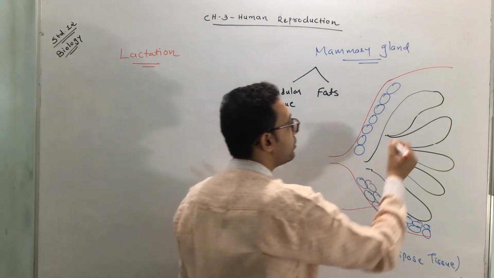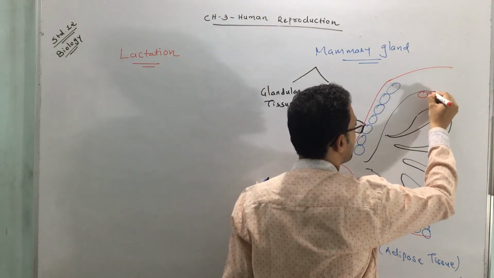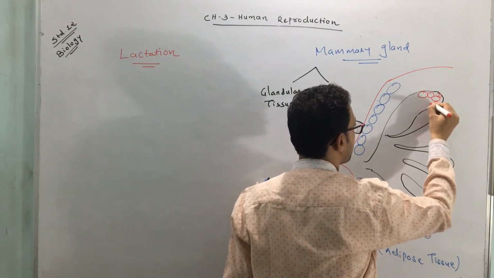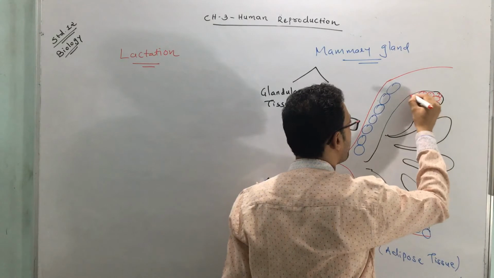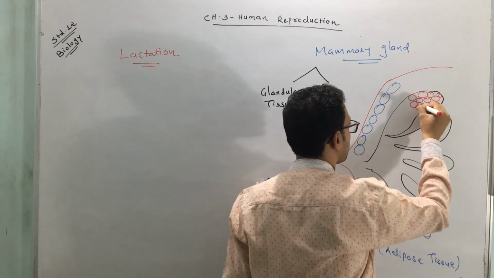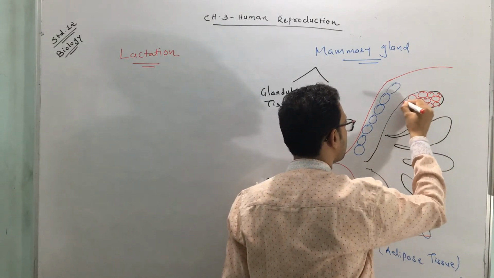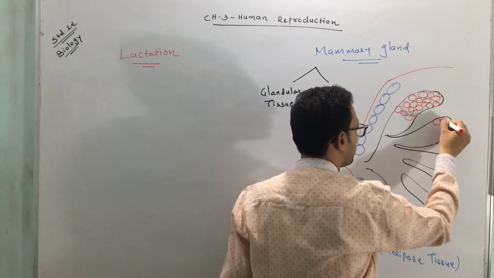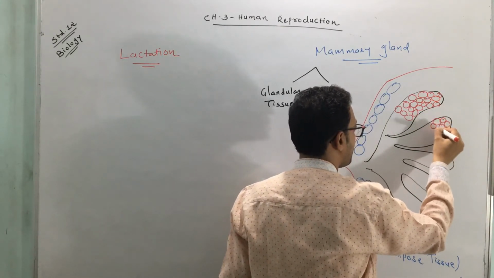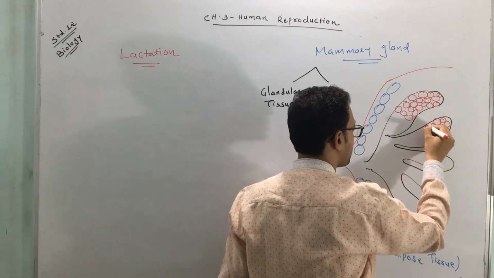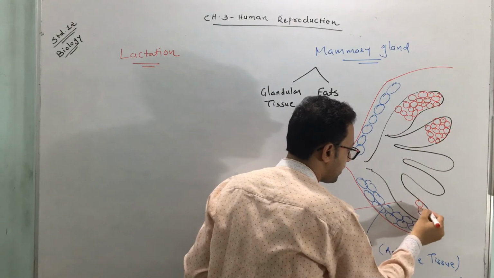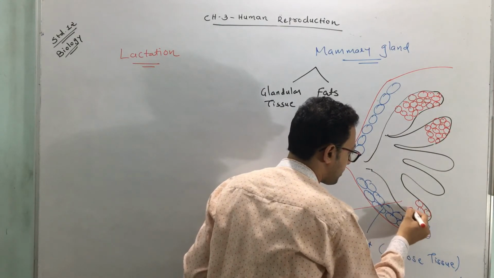These mammary lobules contain clusters of cells, a cluster or group of cells. In each mammary lobule, there is a group of cells present.